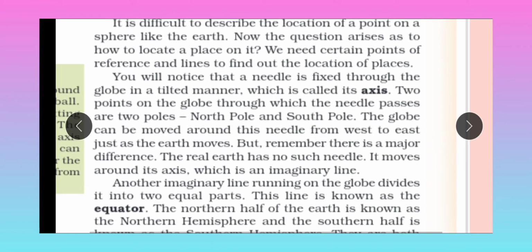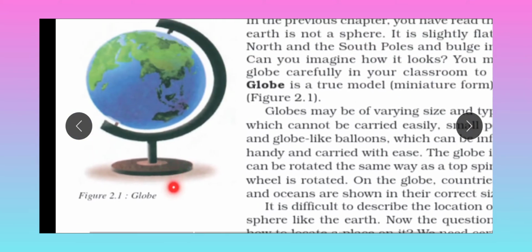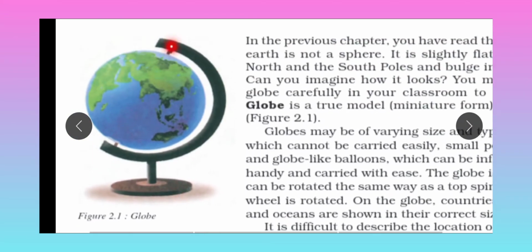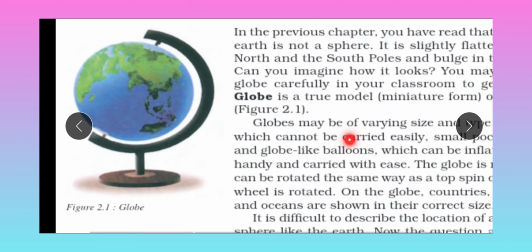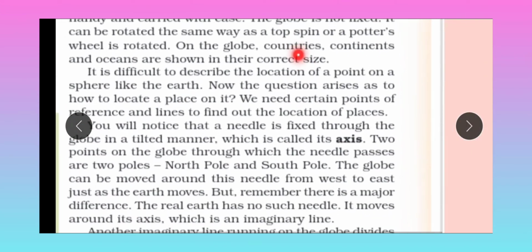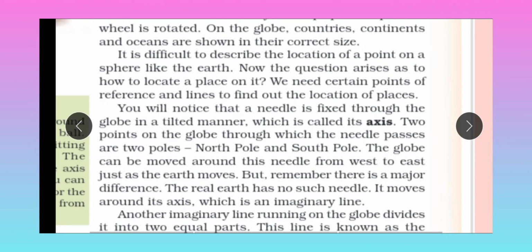Next paragraph: you will notice that a needle is fixed through the globe in a tilted manner, which is called its axis. In this globe you can see a fixed line, and the globe moves on this axis, so this line is called the axis. Two points on the globe through which the needle passes are the two poles, North Pole and South Pole.